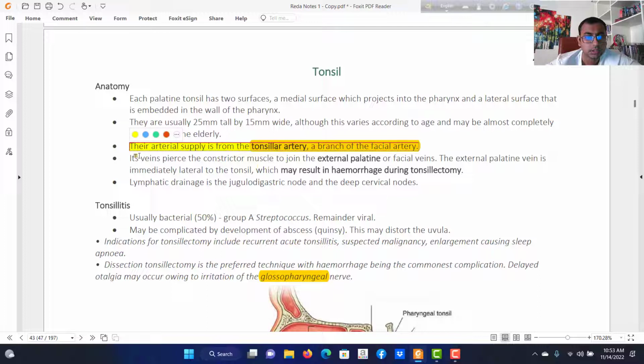Its veins, the external palatine vein and facial vein, may result in hemorrhage during tonsillectomy; the external palatine vessel is the culprit. The external palatine vein sometimes reopens, and so recurrent hemorrhage may also be called reactionary hemorrhage.